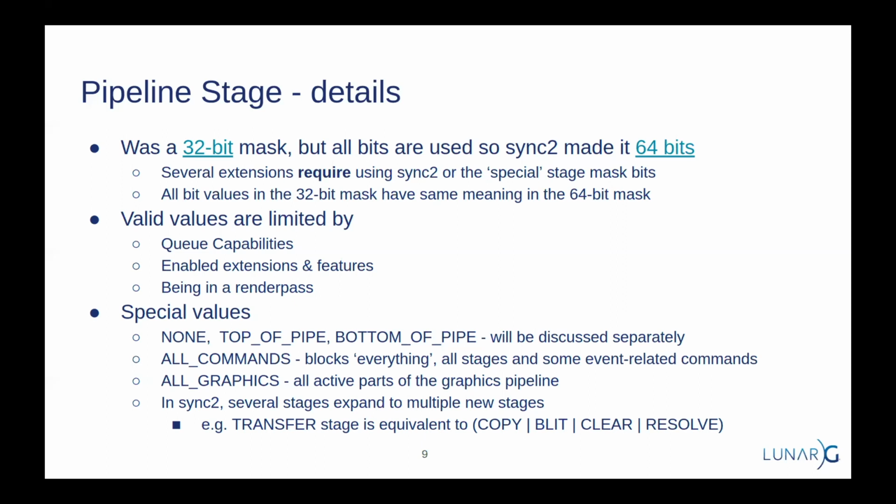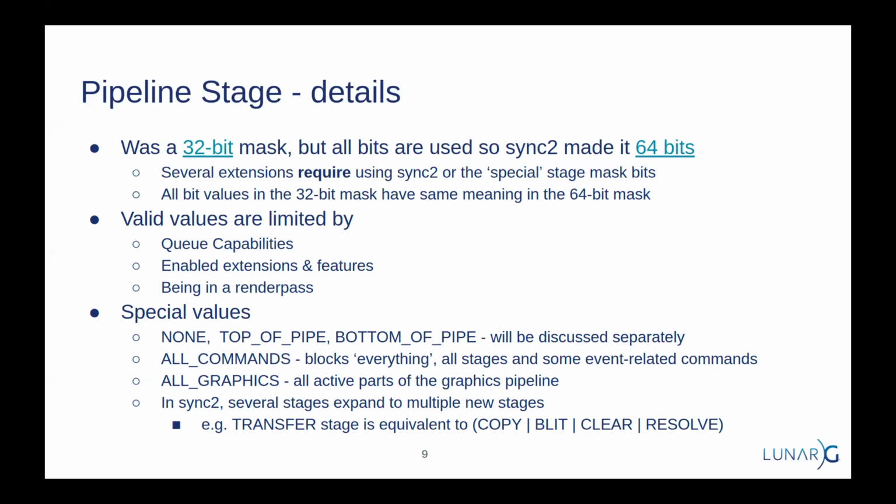There are special values that don't correspond to a specific pipeline stage or piece of hardware. None, top of pipe, and bottom of pipe are related to special behavior when you don't want to wait for anything or you want to wait for everything. All commands is also about waiting for everything, so that blocks every single thing.